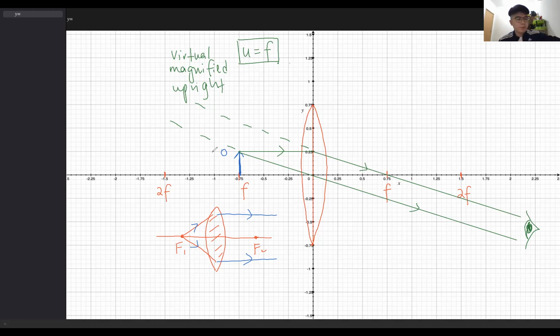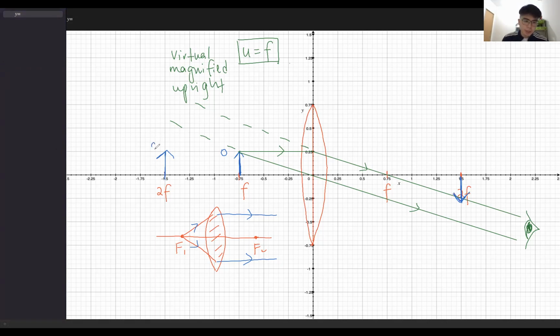Okay, now you remember to draw the arrow for the light ray. Yeah, you forgot to put the arrow. And for object on 2F, the image should form at the other 2F also.